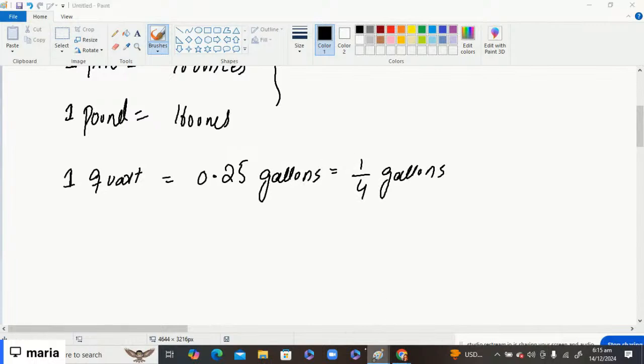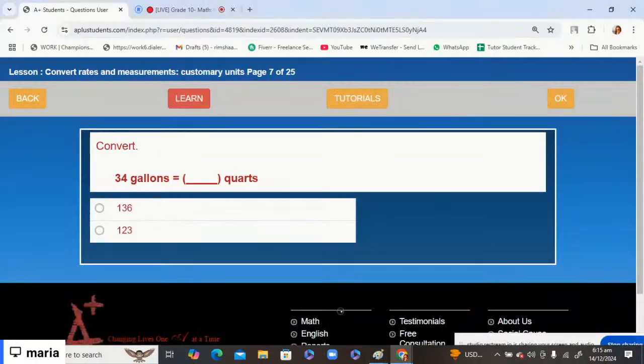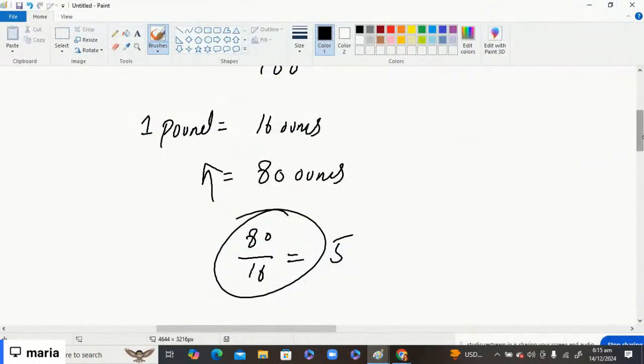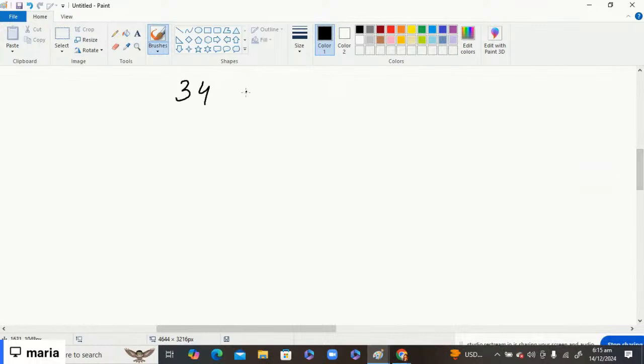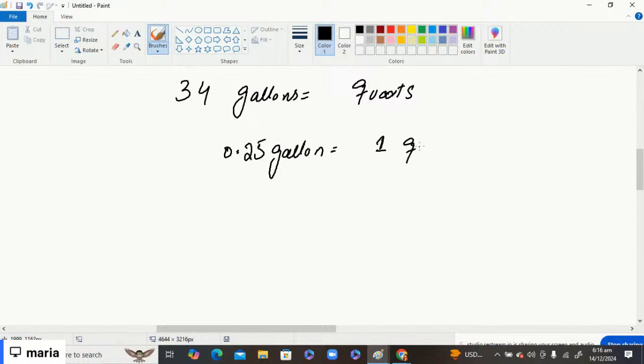Now, in the question, they are saying 34 gallons is equal to how many quarts? As we know that 0.25 gallons is equal to 1 quart.